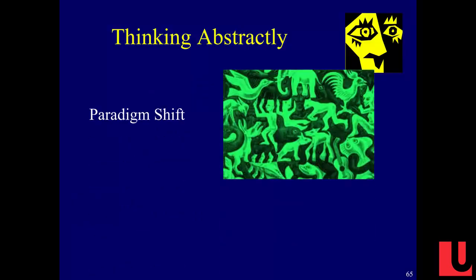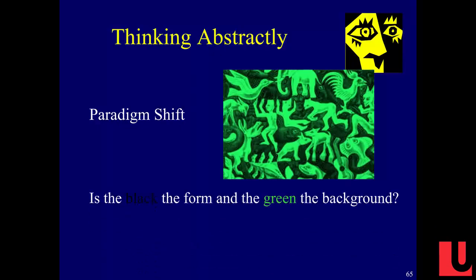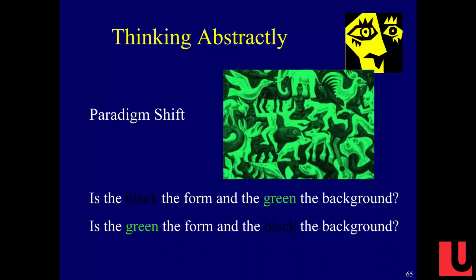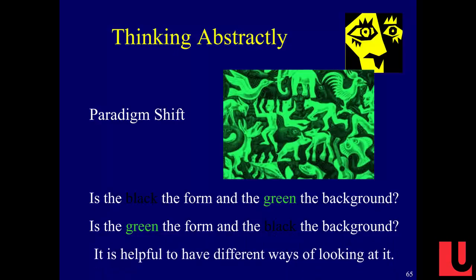Paradigm shifts, I think, are interesting, right? You should all know Escher if you don't. If you look at the green, you get one set of pictures. You look at the black, you get a different set of pictures. There are many things in which you can look at the same thing from different directions and get different insights.